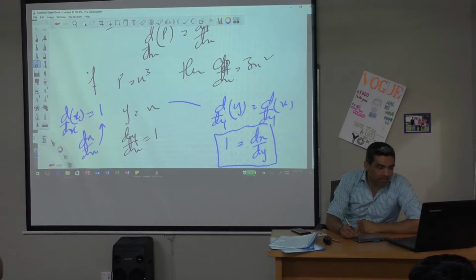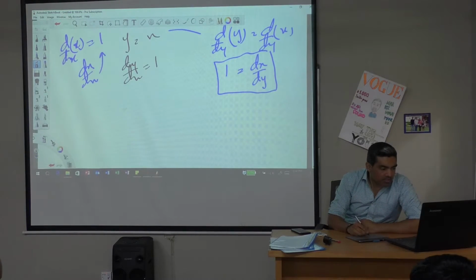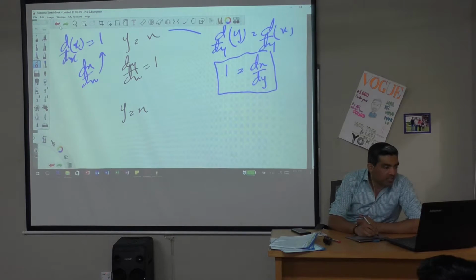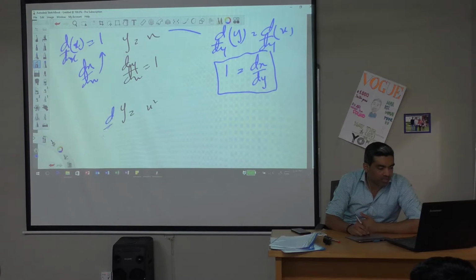And same thing for this. If I take y is equal to x squared, and I say differentiate with respect to x on both sides, you would say dy by dx of this, dy by dx of this, so dy by dx equals 2x.